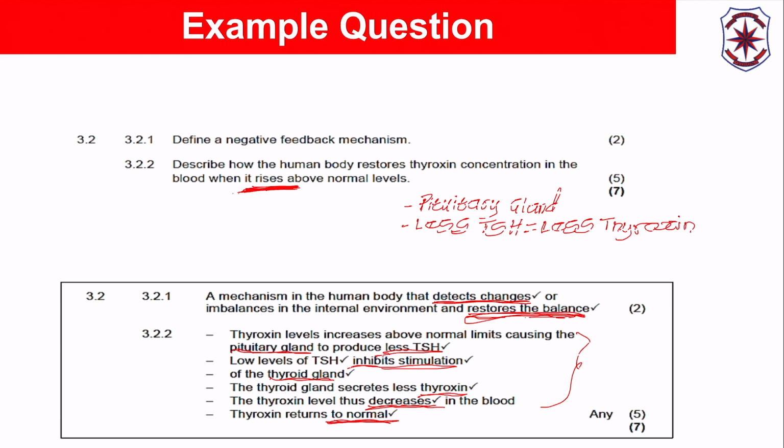When the thyroid gland secretes less thyroxin, thyroxin levels drop or decrease. When the thyroxin levels decrease, because we had too much thyroxin, the thyroxin levels will return to normal.